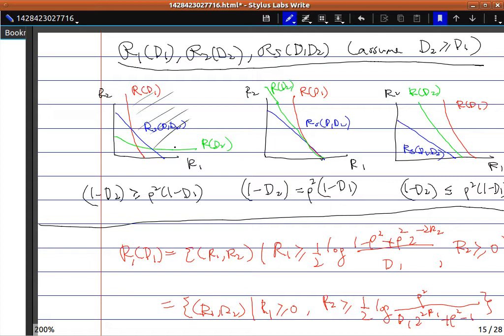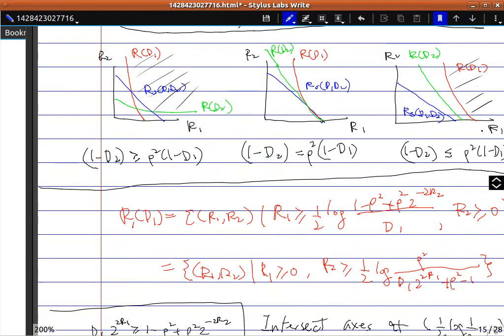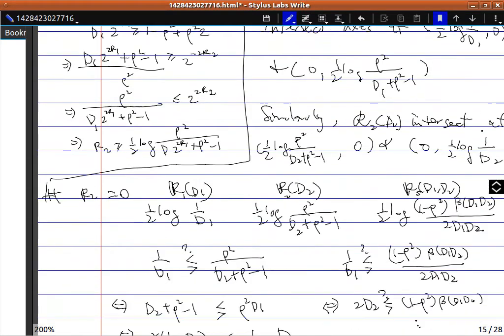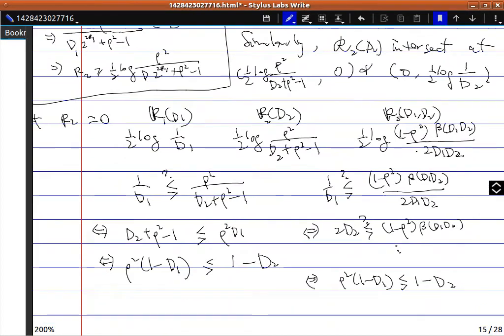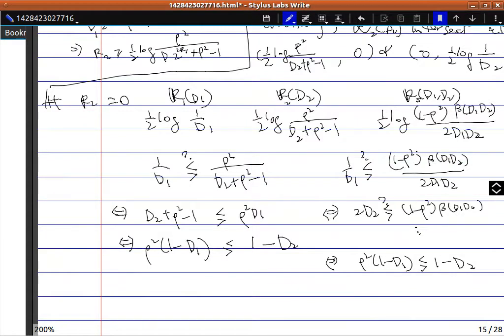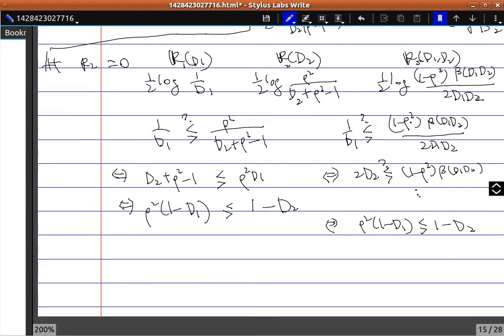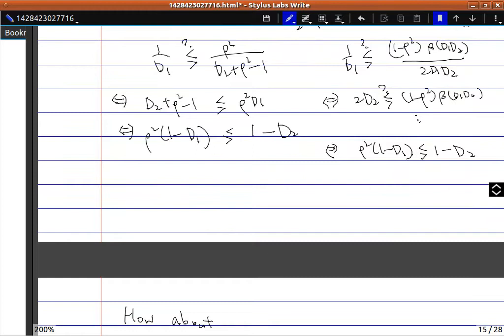So if I have this case here, the intersection of the region is just this here. And actually, if we do some algebra again for RS D1 D2, and compare RS D1 D2 and R1, we find that the condition is the same. It's a little bit complicated, but it's still the same.